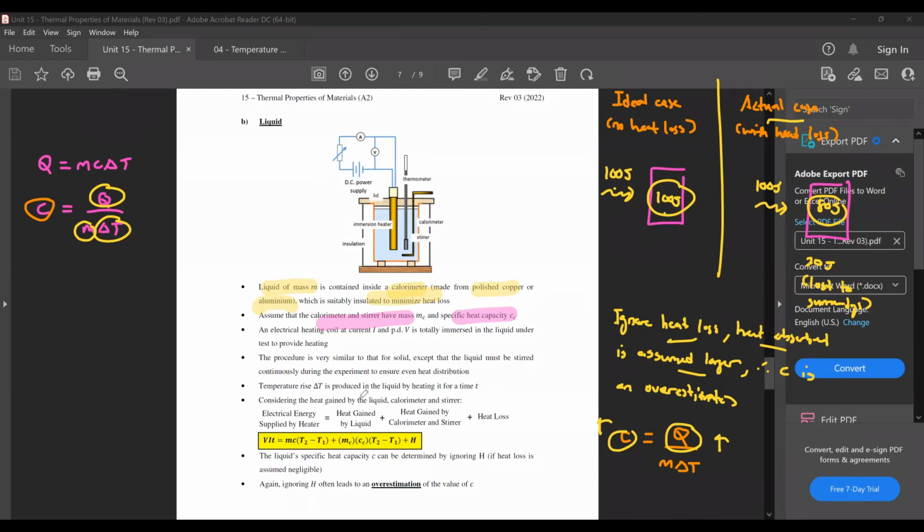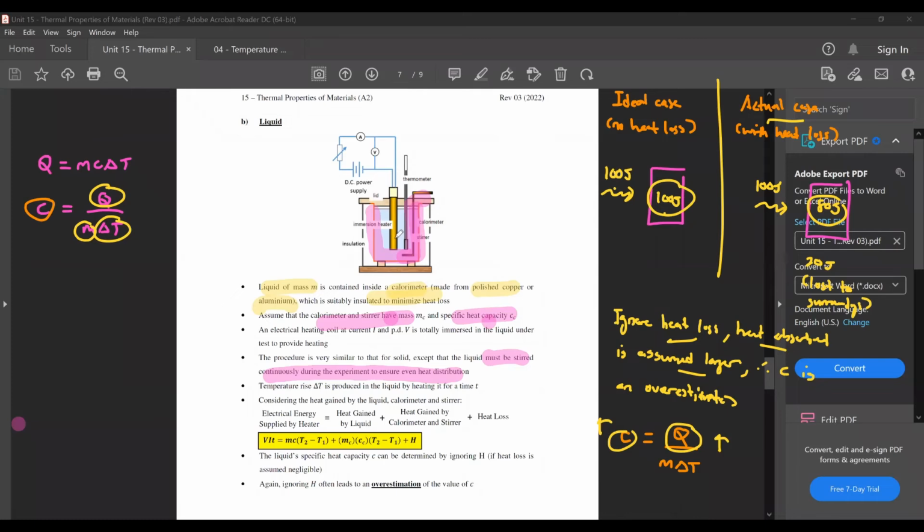The purpose of the stirrer, this little thing here, is to stir your liquid during heating so that you have even heat distribution. Your calorimeter and stirrer are assumed to be made of the same material, so they have the same specific heat capacity, and they each have their own masses.